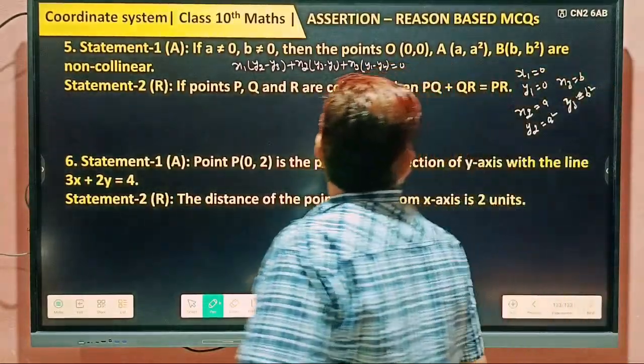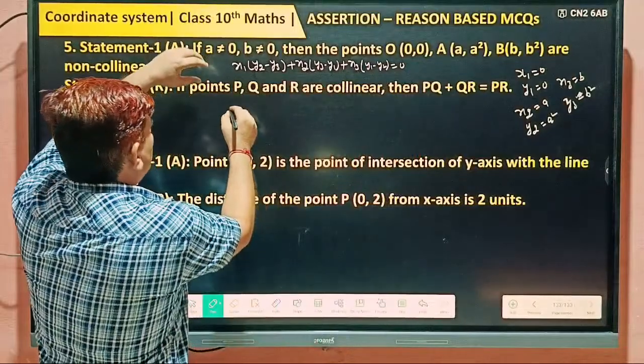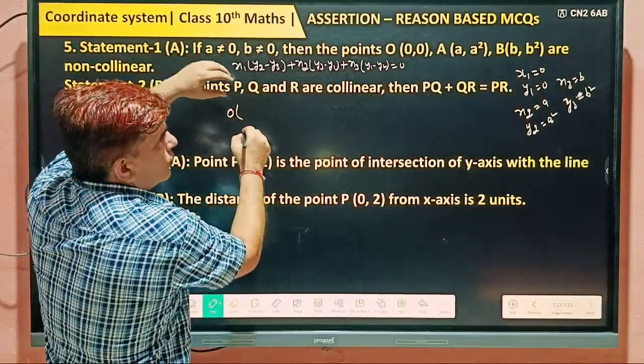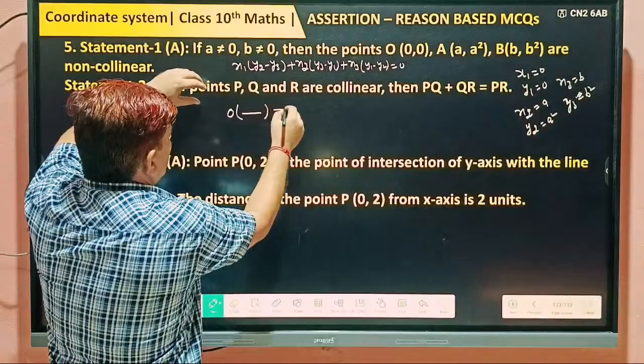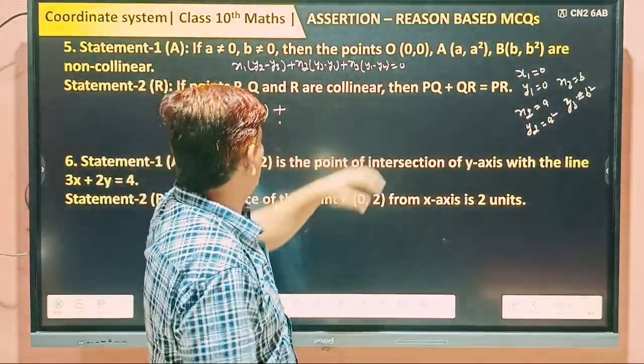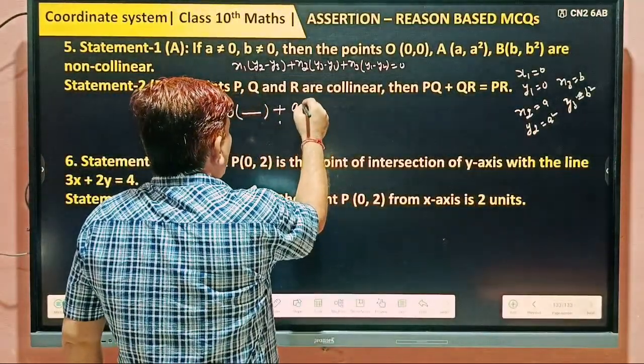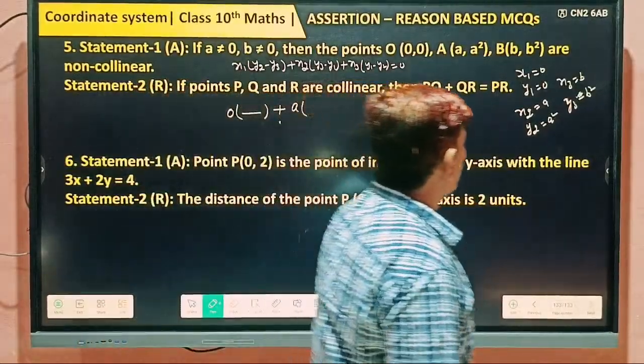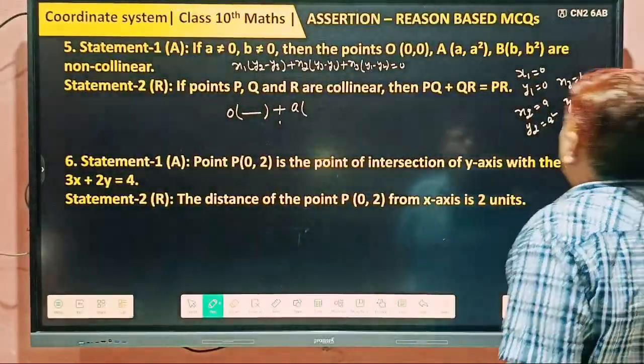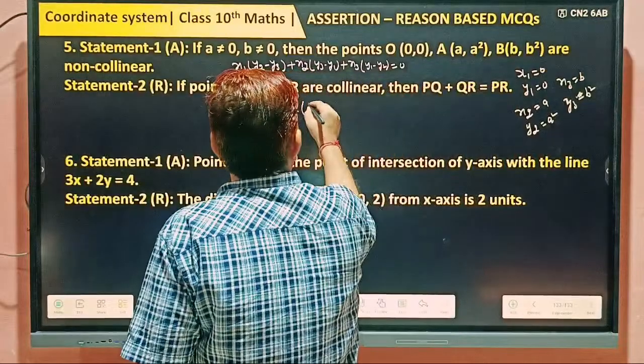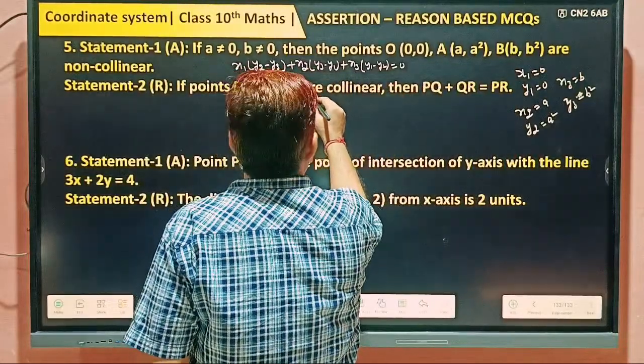Put this when x1 is 0. So this completely becomes 0. This becomes 0 plus x2, which is a, into y3. What is y3? b square.